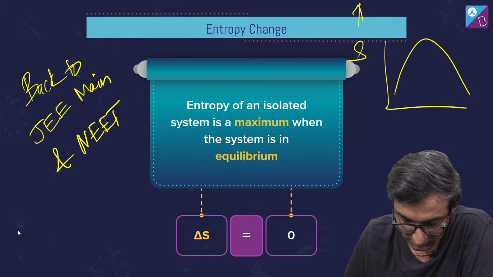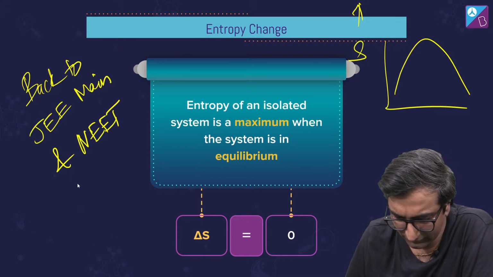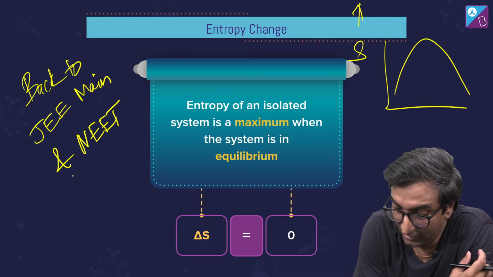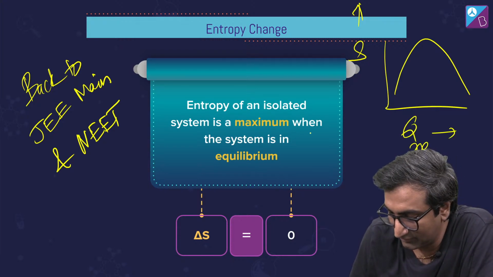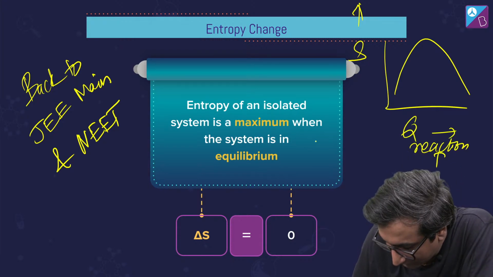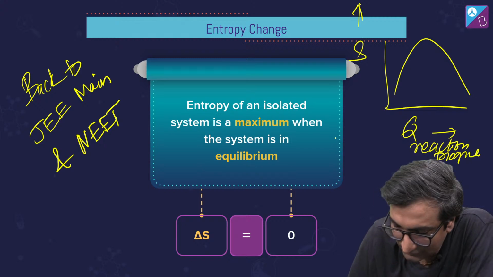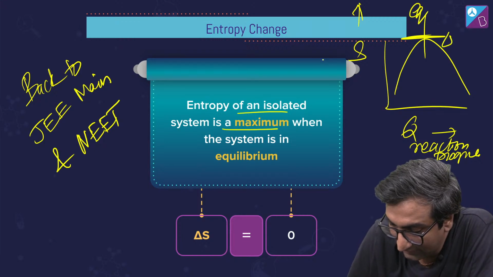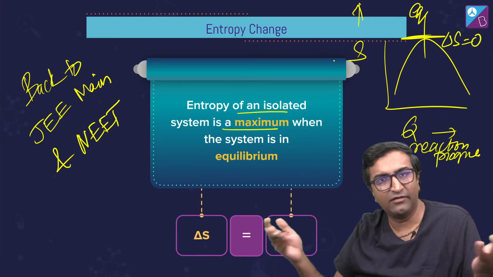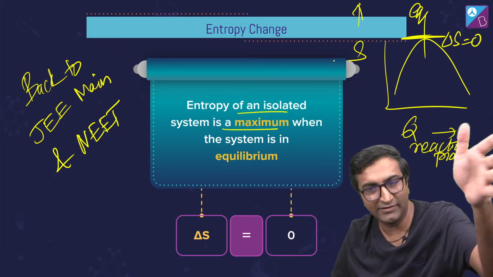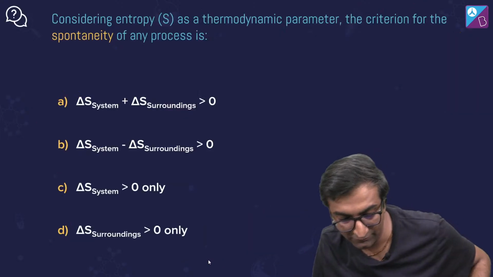But if I were to plot this versus say reaction progress, this is what we are talking about. Entropy of an isolated system, maximum at equilibrium. इस सिस्टम को हम लोग बोलते हैं equilibrium, and at this point delta S is 0, and you know this, differentiate करो 0 हो जाएगा, and second differentiate will be negative, maxima. वही चीज है, same mathematical treatment for advanced.